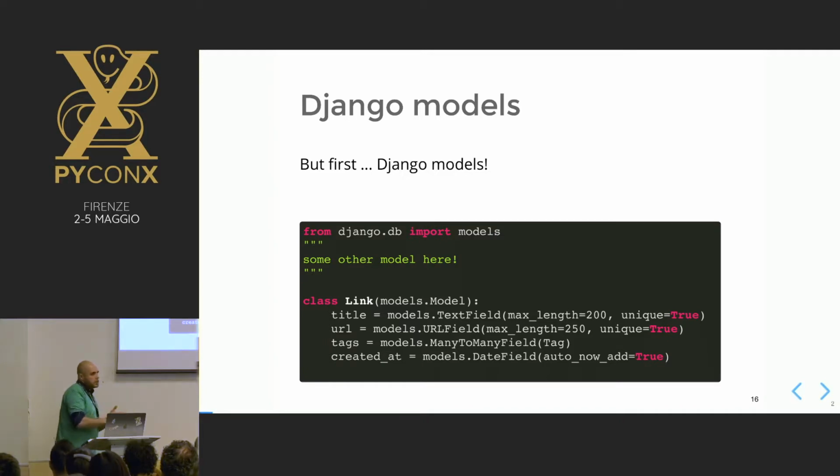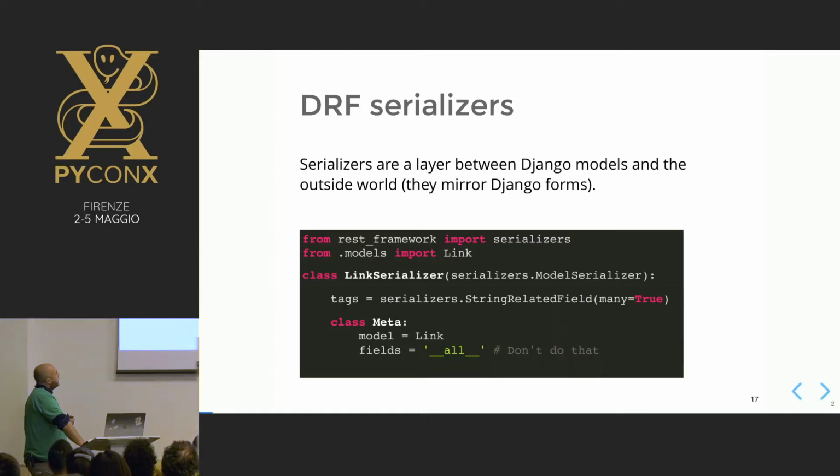So imagine you have a couple of models or 100 models in your application. You might want to add Django REST framework, and the next step after creating these models is the serializer. The serializer in Django REST framework, think of it as a layer between Django models and the outside world.